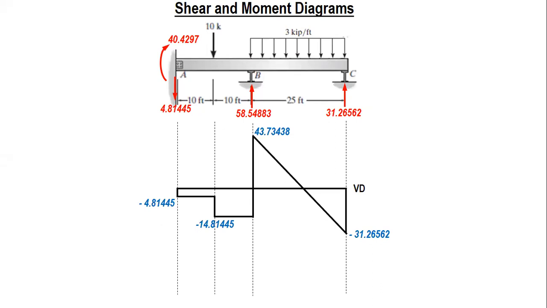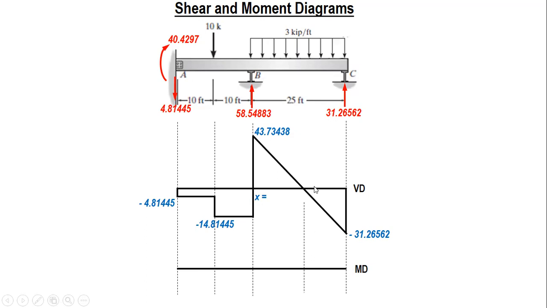So next is to draw the moment diagram. And you will notice that the graph crosses the x-axis. So we are going to locate this point. Okay. So let's denote this distance as x. To solve for x, you can use ratio and proportion: vertical over horizontal equals vertical over horizontal.